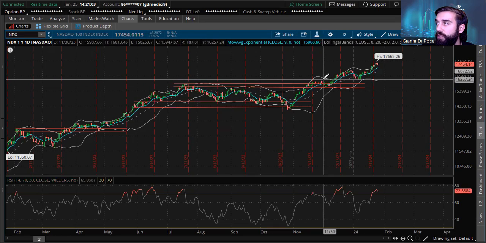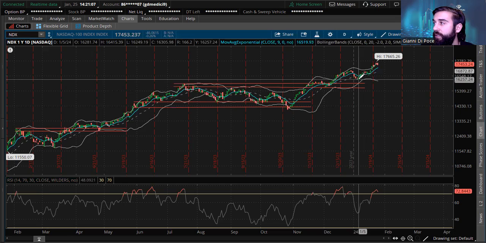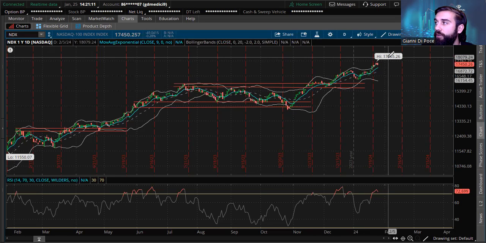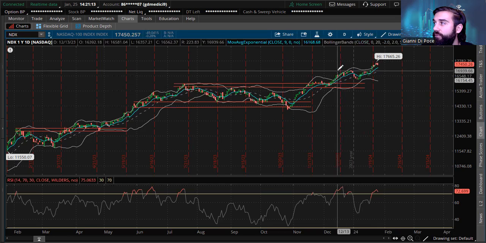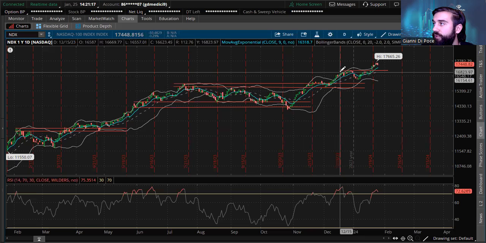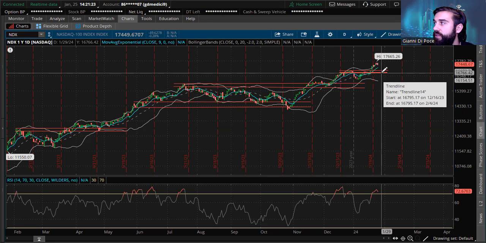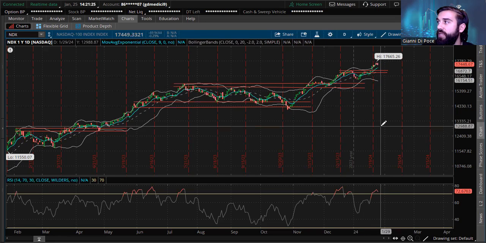And once we started to break above it, it became support. And we almost came back down to retest it earlier in January. And then we just continued higher. So now I would say you have some resistance, now support, in the $16,800, $17,000 area.